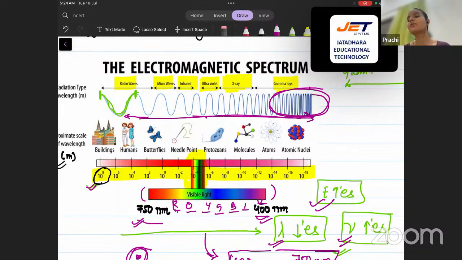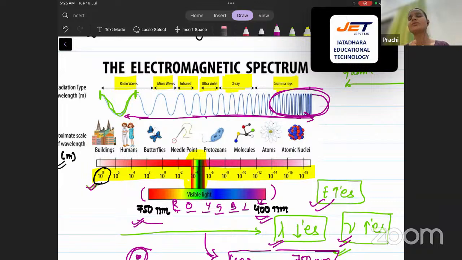What will happen to the wavelength? It will decrease. So the whole electromagnetic radiation that we will be receiving from the sun, most of it is stopped there, and the rest of it reaches us, right?